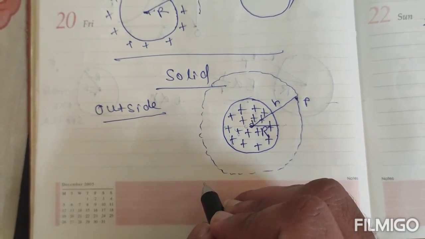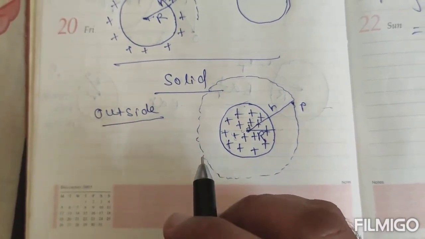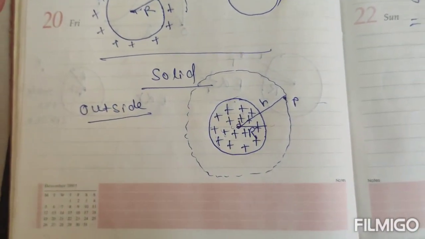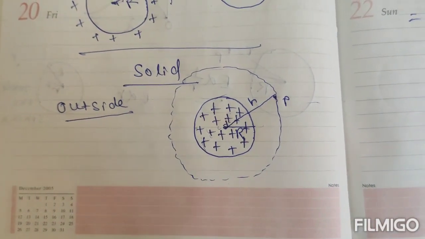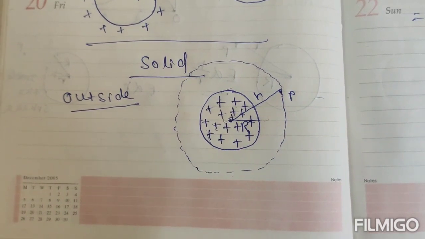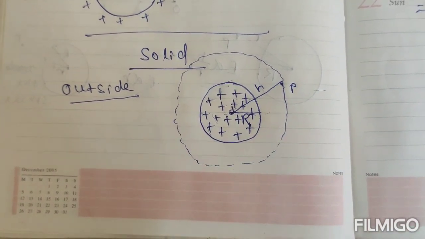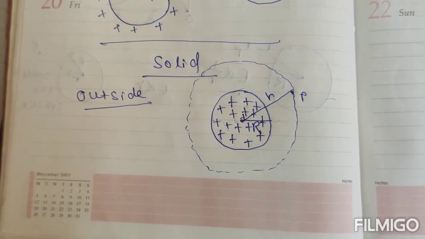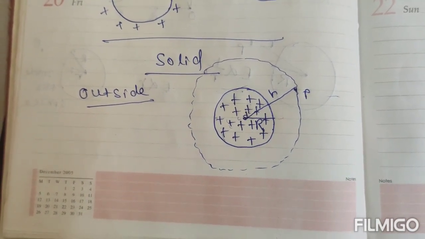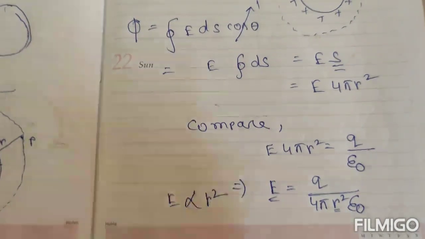You will get the formula by deriving it again, or if you observe the previous relation, that is the hollow sphere's outside concept, you will get the same formula. Let us check it out. So what will you do?